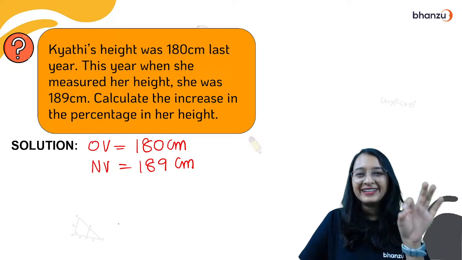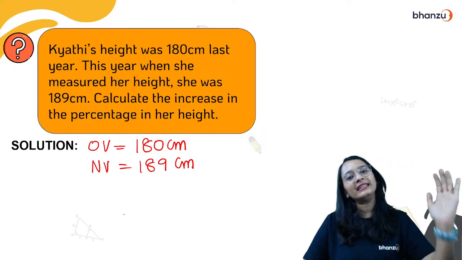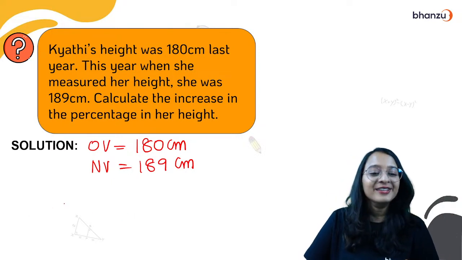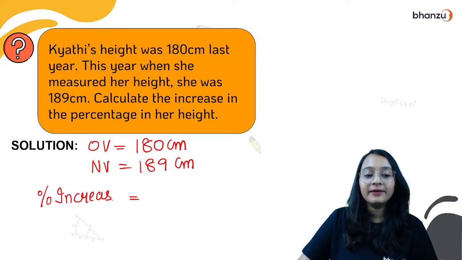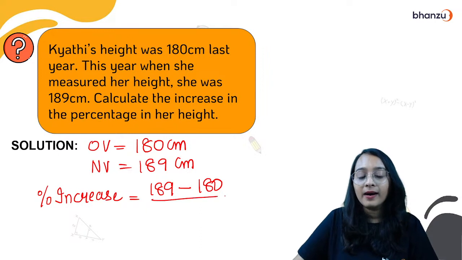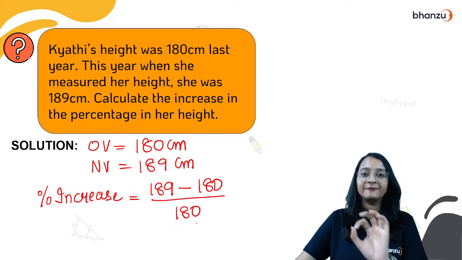Now, we clearly know that there is an increase in the height. Your height cannot decrease. It can either be the same thing or it has to increase. So, now what is the percentage increase? That's what we have to find out. So, that would be new value minus original value upon what are we supposed to take here? Original value we have to take, not the new one.